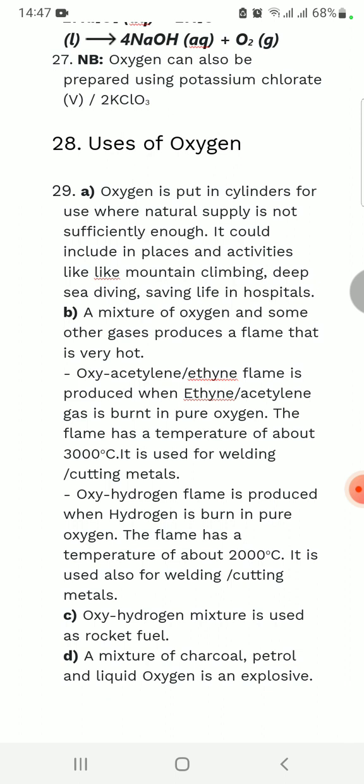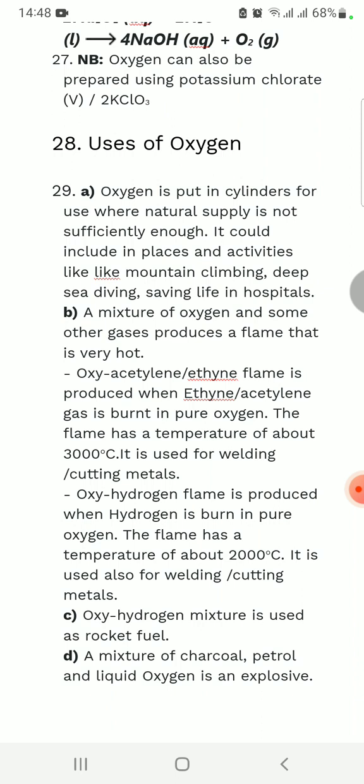Oxygen is put in cylinders and used when natural supply is not sufficient, in places like mountain climbing, deep sea diving, and saving lives in hospitals. I hope you have all seen this. If you see those who are going deep diving, they always have a gas cylinder with them.